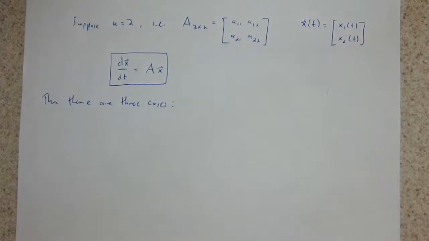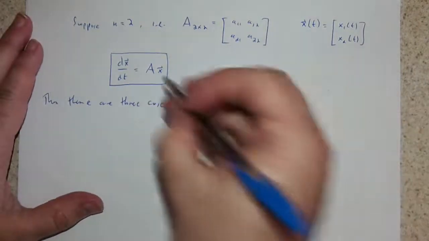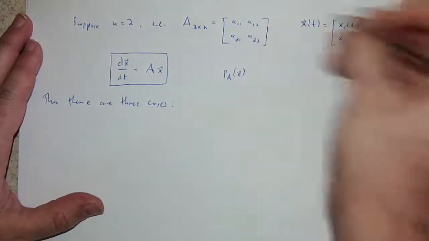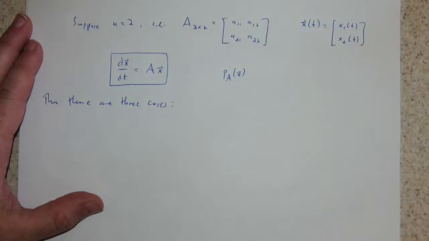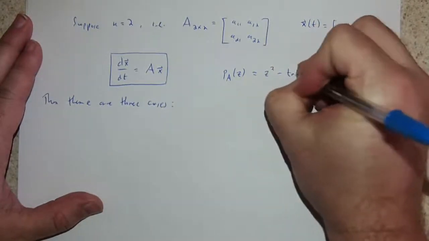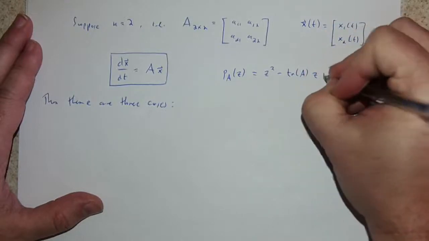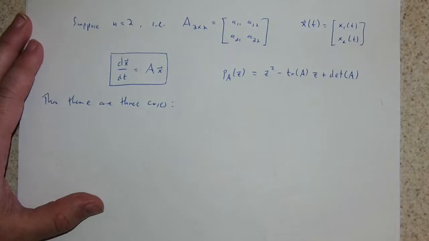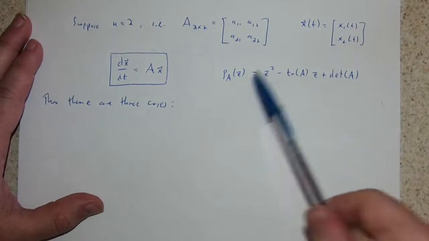Similarly, the reason there are three cases is because the characteristic polynomial of A is this quadratic here, and there are three cases of the roots.